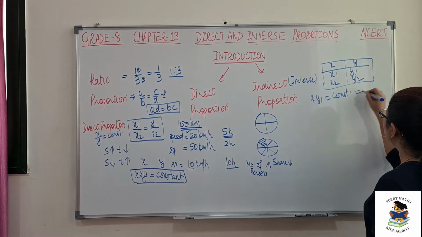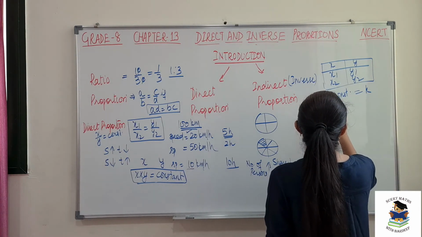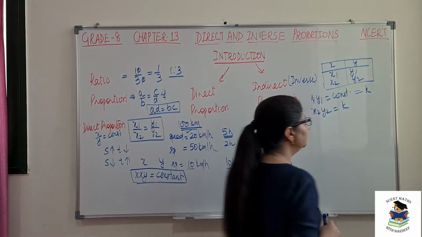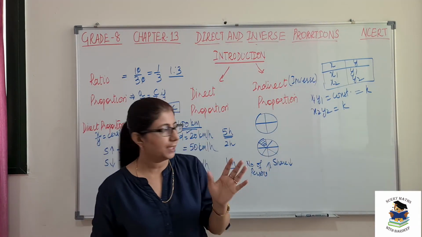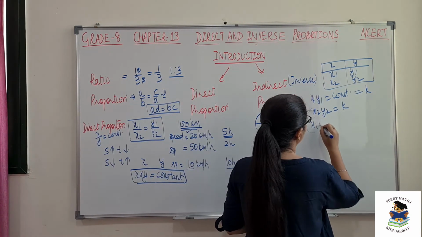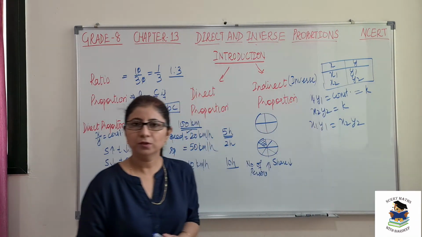Let this be k, and then x2 into y2 should also be equal to k. Since both are equal to k, we can equate them. So x1 into y1 should be equal to x2 into y2.